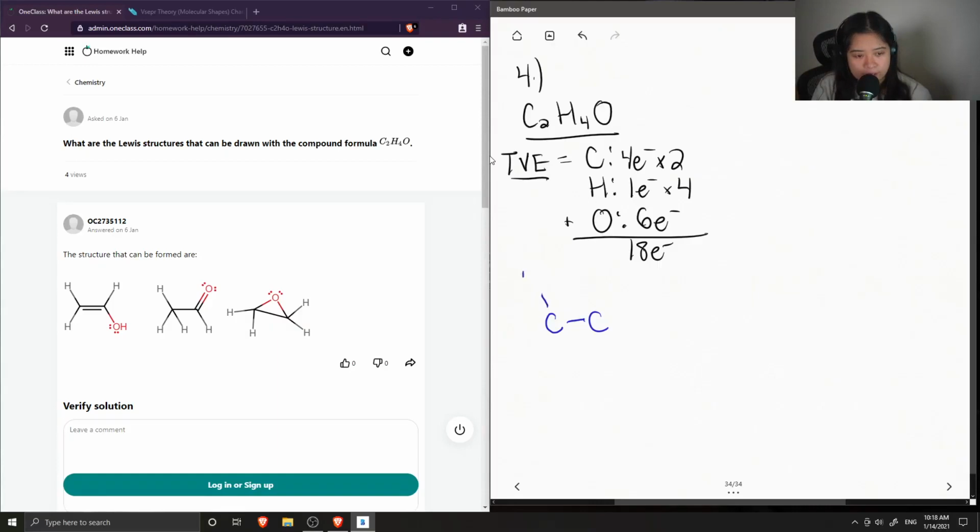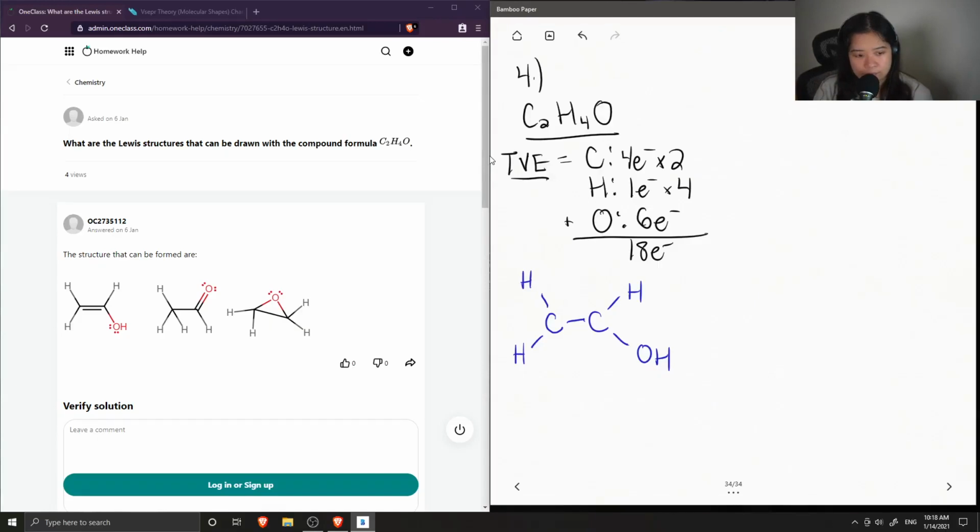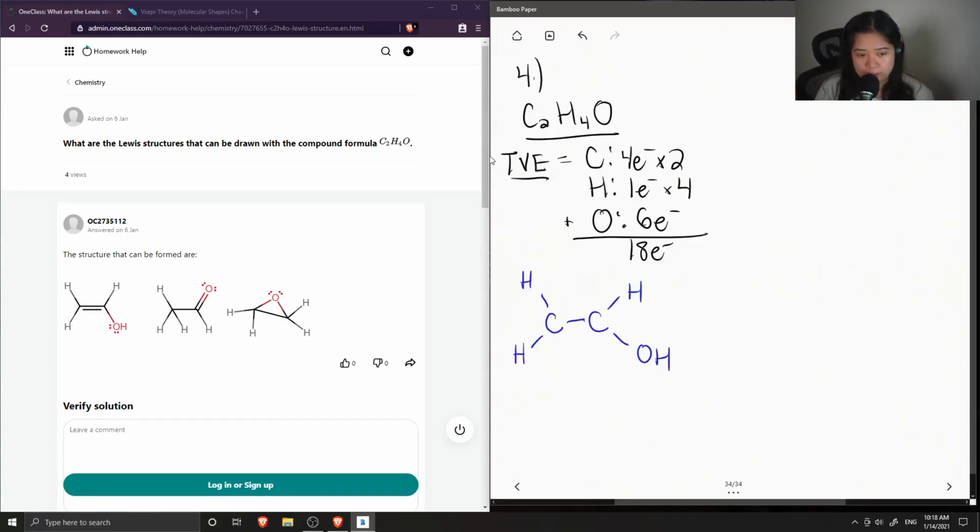So let me just show how if we were to draw our 3 hydrogens and an oxygen, then both of the carbons don't have a full octet, so they both only have 3 bonds attached to them.